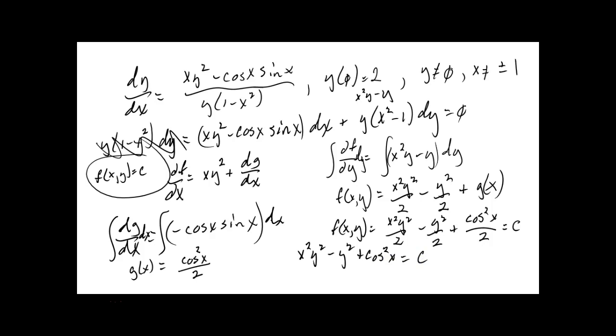Now, we use the initial condition, which says what? What is that telling us? Okay, and that says anytime the x is 0, y is 2, right? So let's plug that in. Let's put a 0 for x.